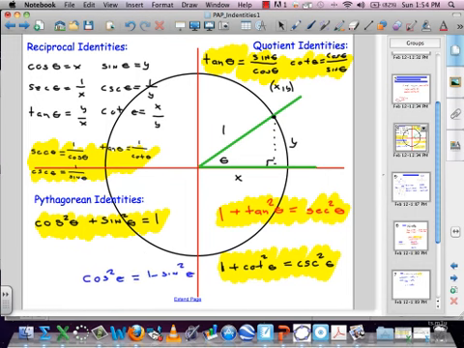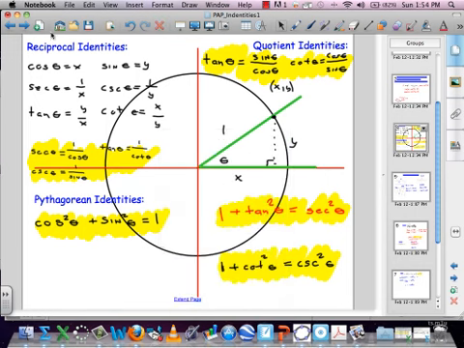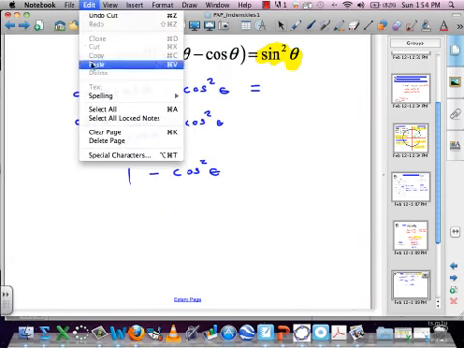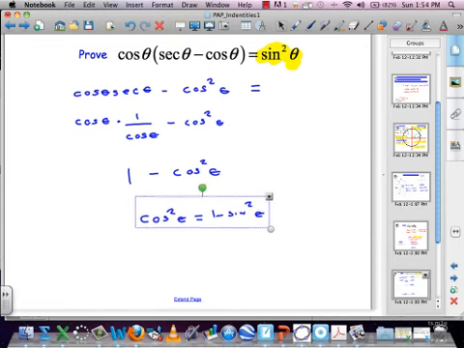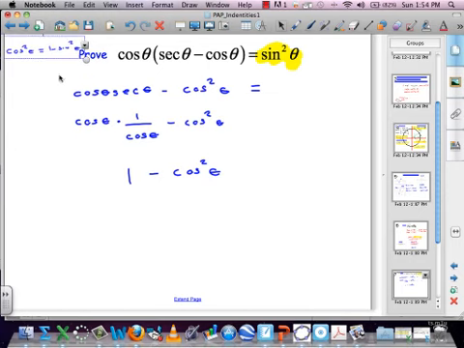Let's copy that and take it with us back into this problem here. So cosine squared theta I can replace with 1 minus sine squared theta if it's convenient for me, and maybe it will be here.